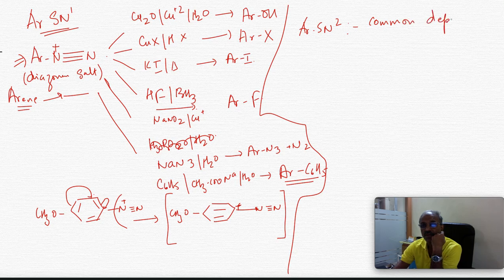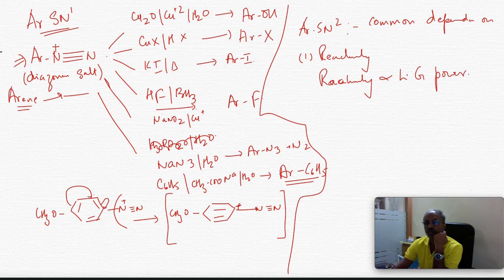It depends upon the reactivity, and the reactivity in turn depends upon the leaving group power. So better the leaving group, better the reactivity. As I have told you previously, bad the leaving group, the reactivity decreases considerably.